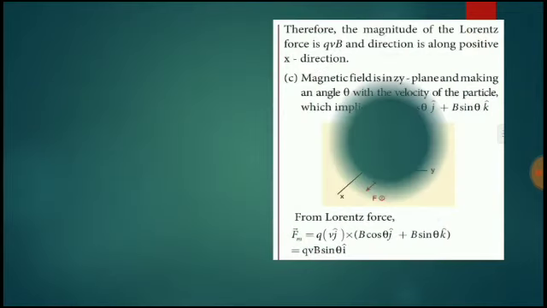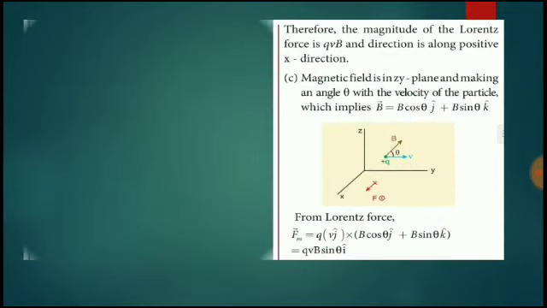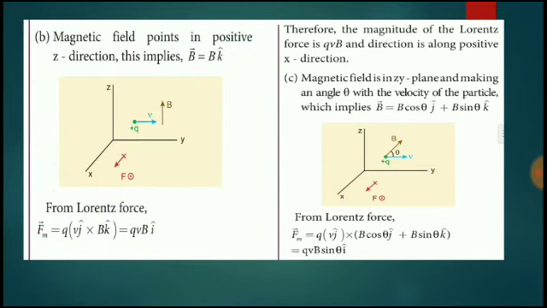And see the second case. The magnetic field points in the positive z direction, so the B vector is equal to B into k cap.